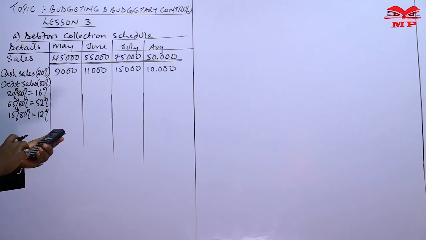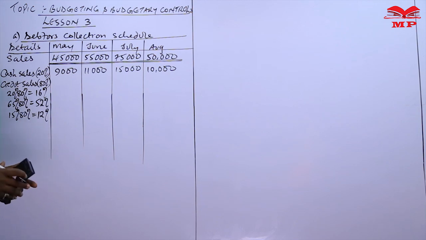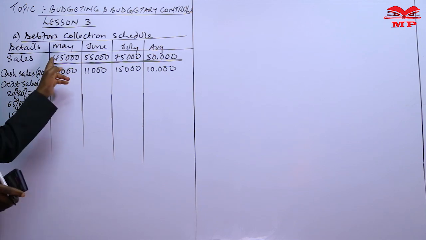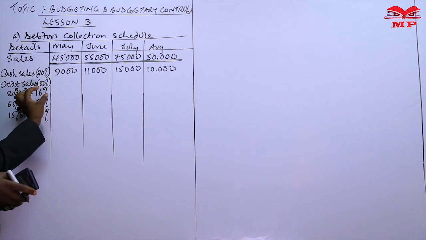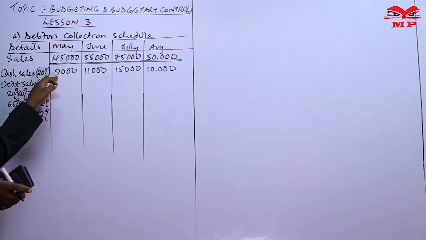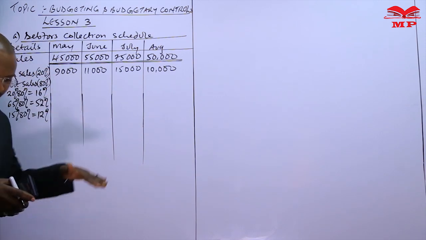So 16 plus 52 plus 12 is giving 80%. So we can now correctly deal with this in terms of 80, so that we have 20% and 80 giving us 100%.